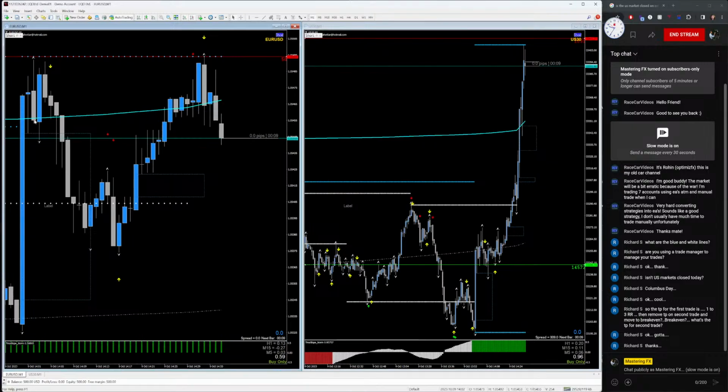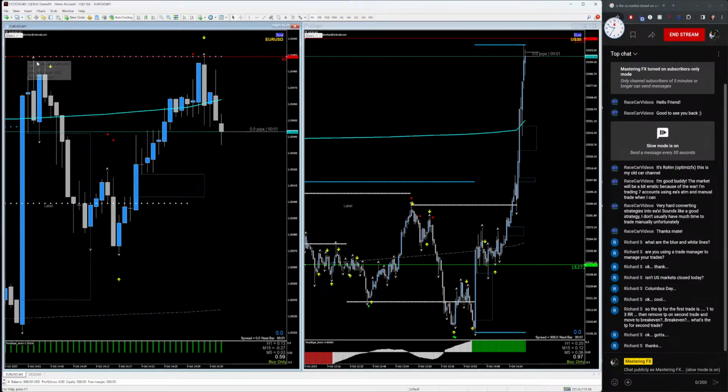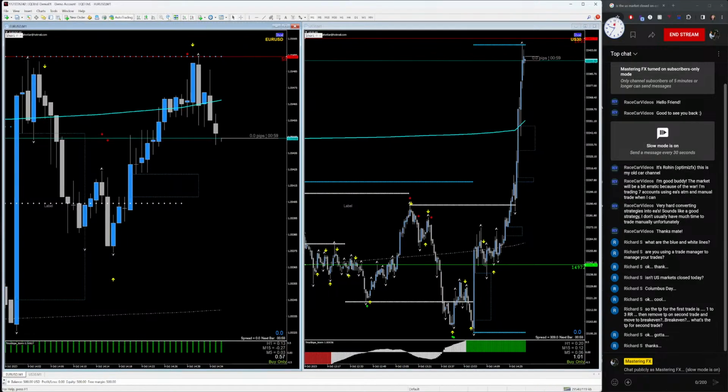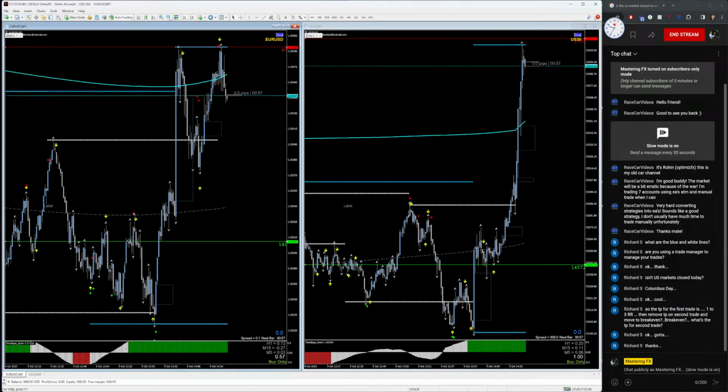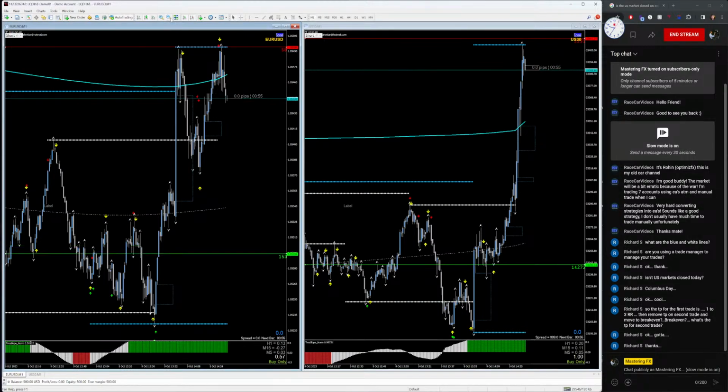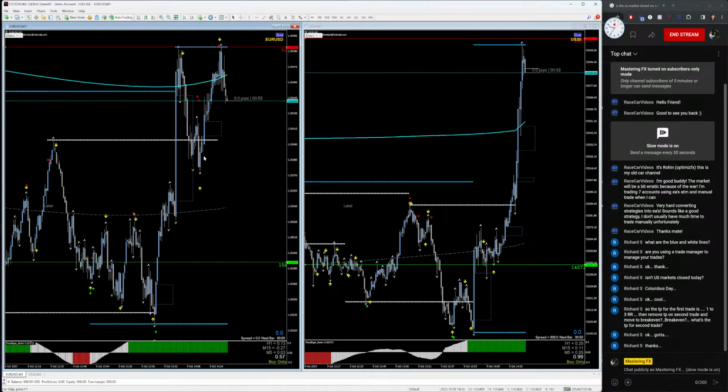So by 0.2 pips, it actually swept that high again. So it kept me out of a losing trade here.